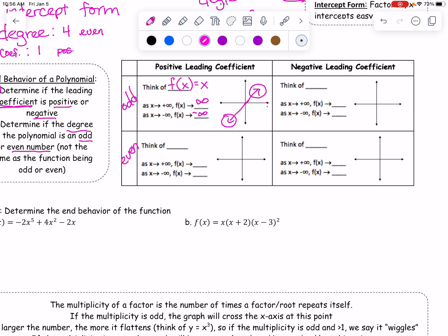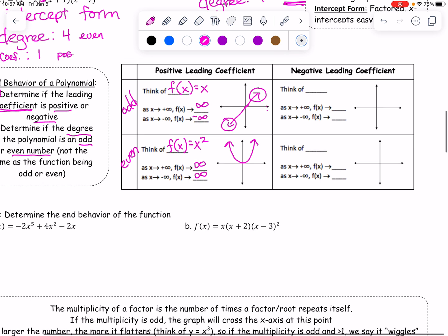When it's even, our lowest even degree is going to be x squared. We know that's a quadratic, and we're going to end up with a parabola that faces up. So as it approaches the right side, it faces up, and when it approaches the left side, it's positive too. This is when the leading coefficient is positive.